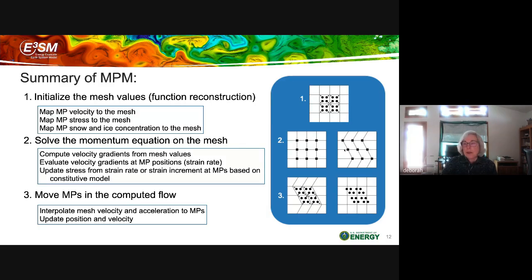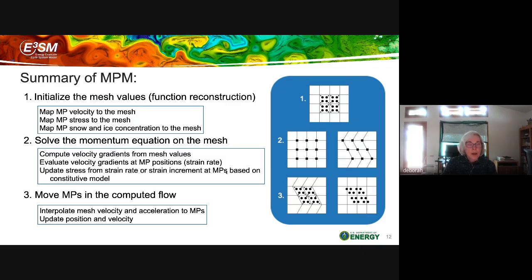And we can compute gradients of the mesh values in this updated frame to get strain rates. And from the strain rates, we can put that into a constitutive model and get stress. And so the solution from the mesh is used to update the material points in this step.